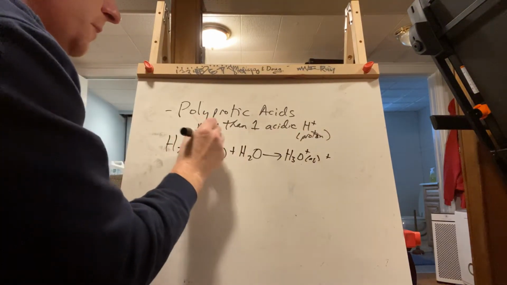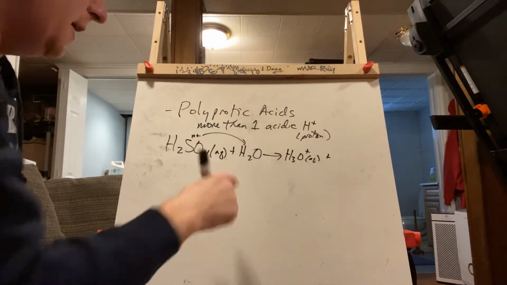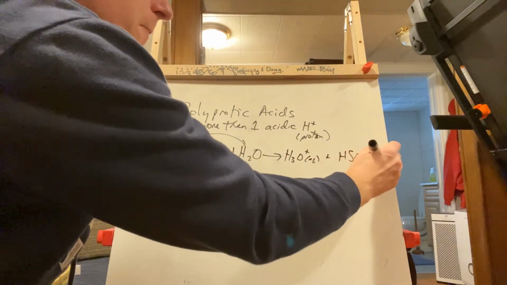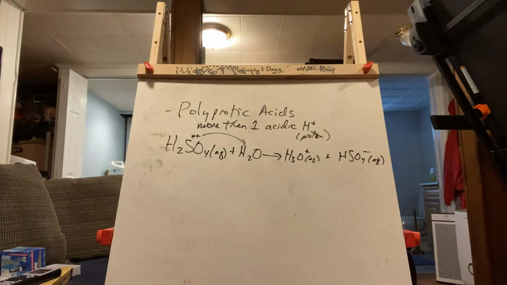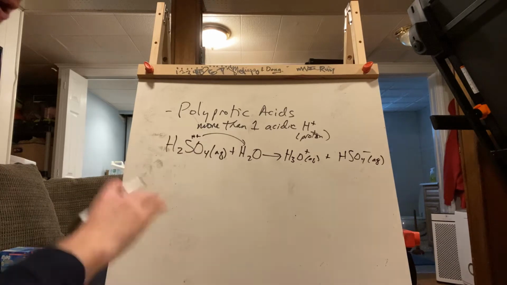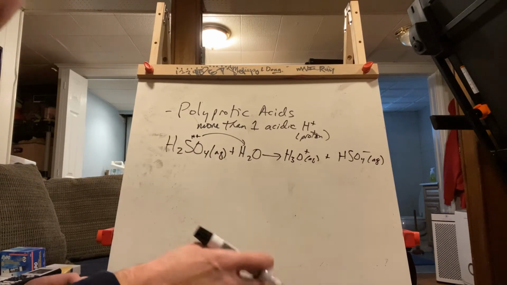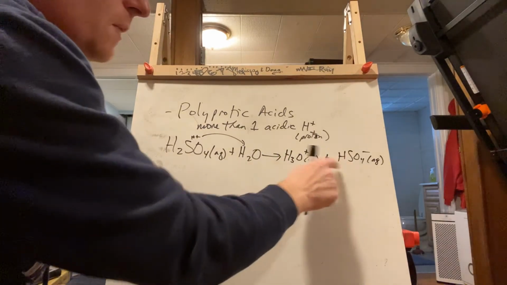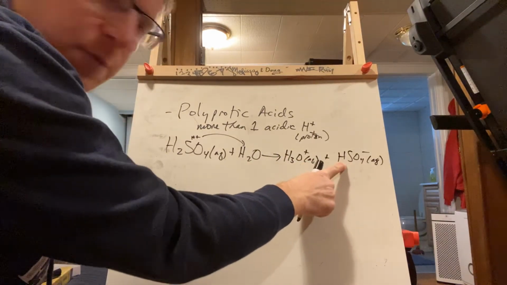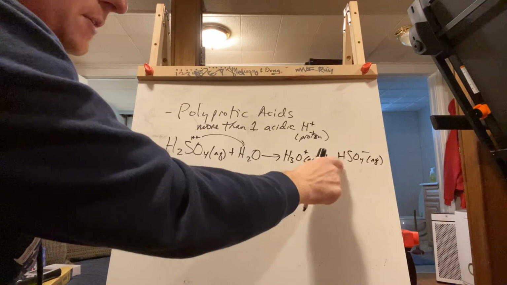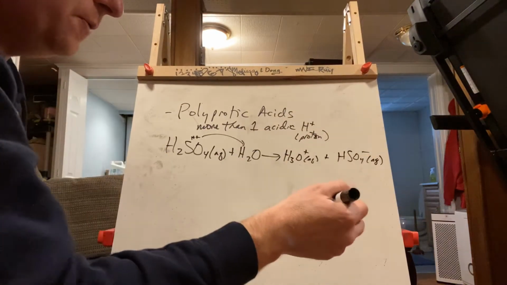Once again, the H plus is going from there to there, and you're going to form HSO4- (aq). I should have mentioned before, you see how this HSO4- still has an H on it? This H can be removed.